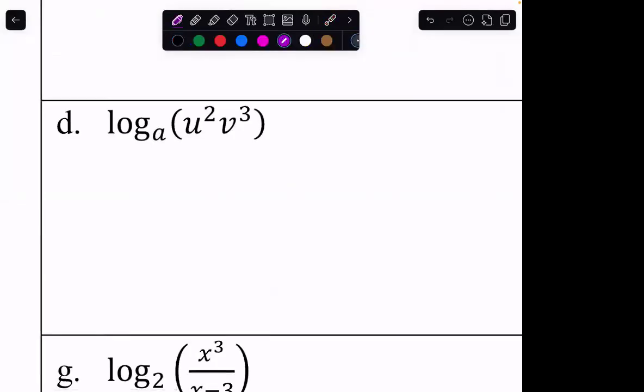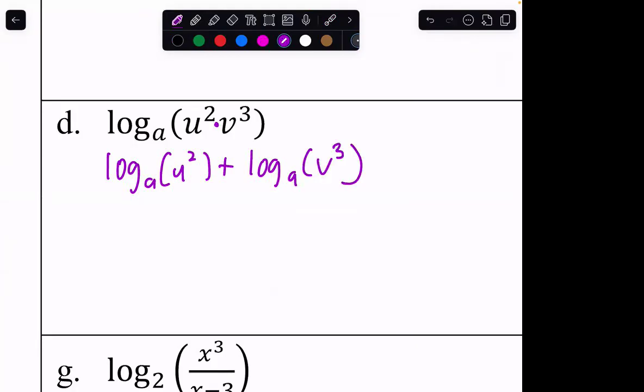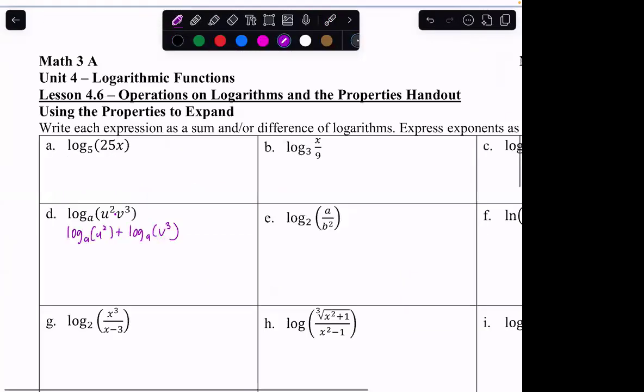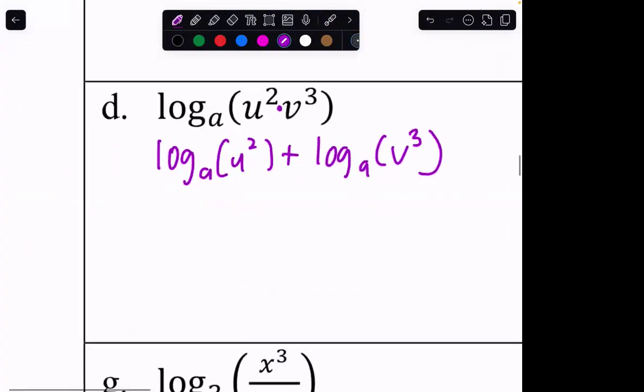So one way I might approach this is I see that the u squared and v cubed are touching, which means they multiply each other. So what we learned on the front page is that when you are multiplying two arguments, you can split it up into two logarithms adding each other. And then I also asked you to express exponents as coefficients.